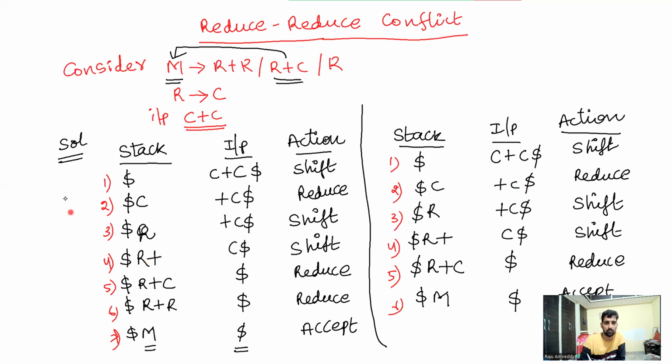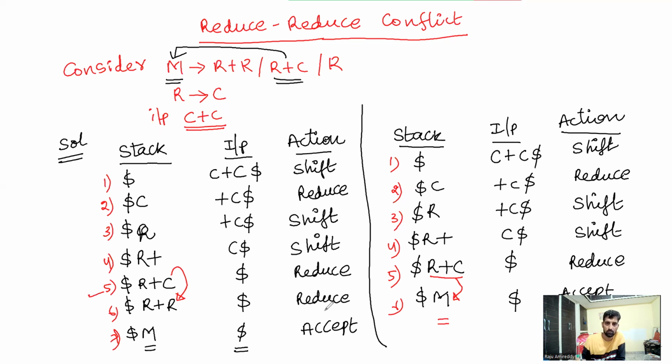But if you see here, what will be happening? Now you see in the fifth line, R plus C. So till here, same. But in the sixth line, I changed C to R. But here, I changed R plus C to M. Okay. So my final acceptance is M, accepted, same.